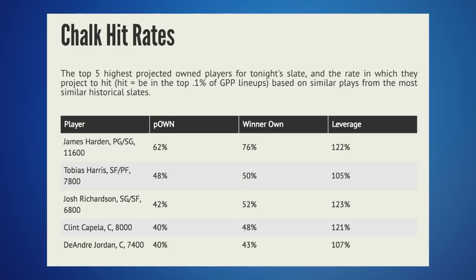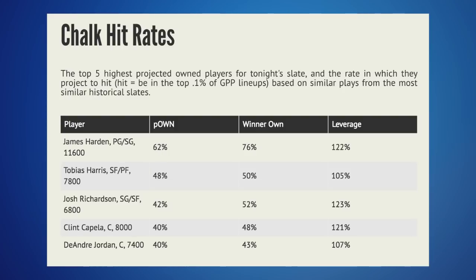And the last thing we have on here is the chalk hit rates. Now this wants to hone in on exact players from today's slate. So it's going to look at exact players who are the top 5 projected for highest ownership. And it's going to compare those to similar slates and say, how did the most owned players who were most similar to them?